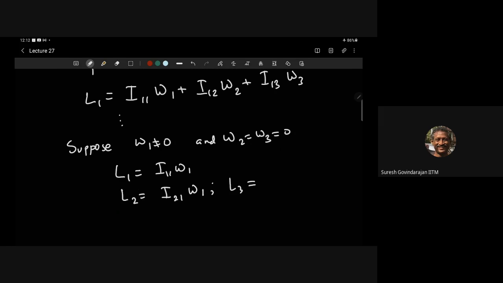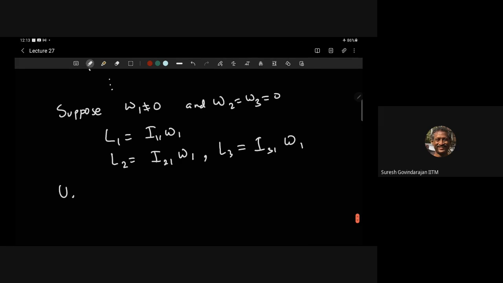We saw it's symmetric. L3 will have one more term, which is I31 times omega 1. So unless I21 and I31 vanish, which need not be the case, L and omega need not be parallel.